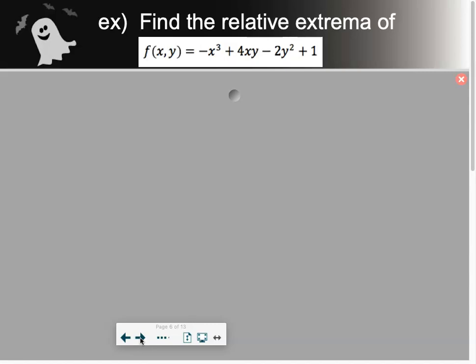Find the partials, first partials, yeah. All right, everyone have their first partials? Okay, set them both equal to 0.